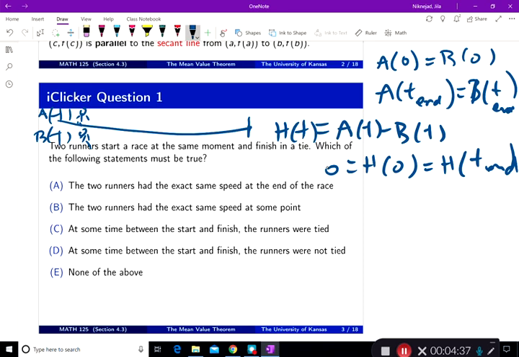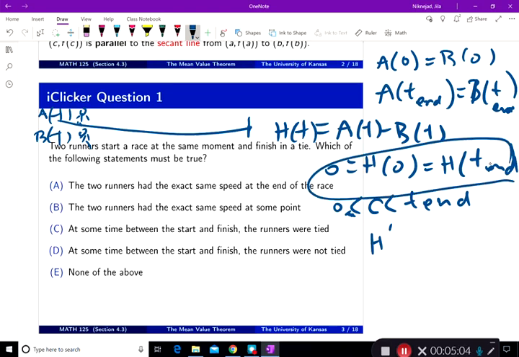So according to this, by Rolle's theorem, there should be a point c between 0 and t_end, not including the endpoints, such that h'(c) is equal to 0, the slope of the secant line, basically.